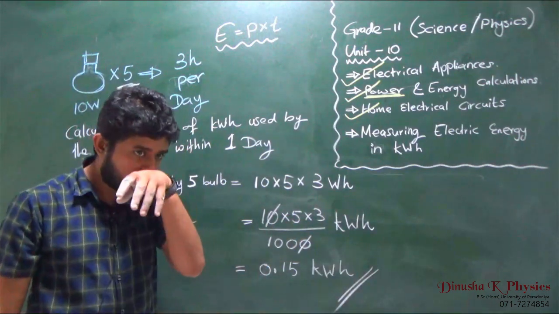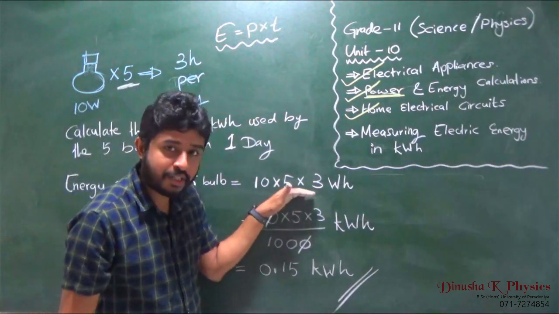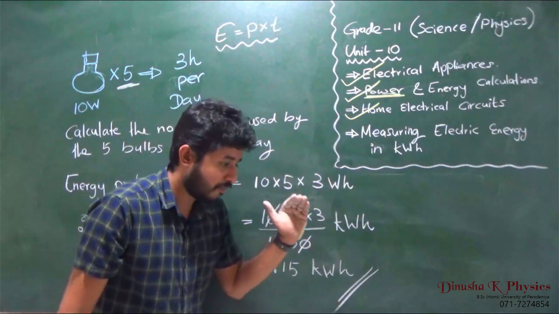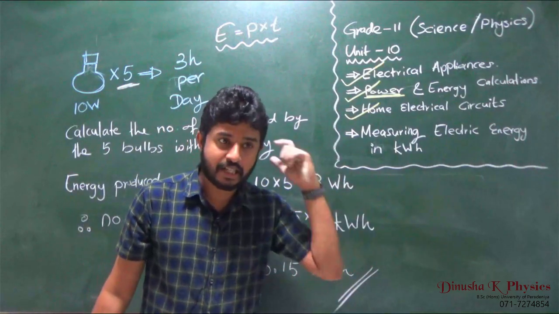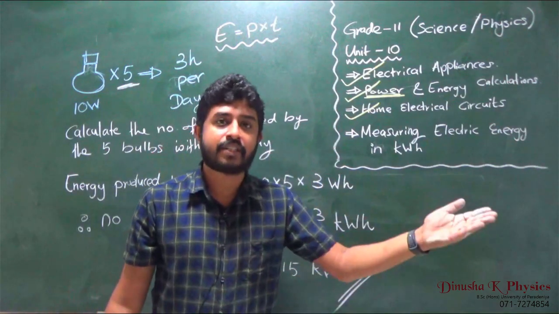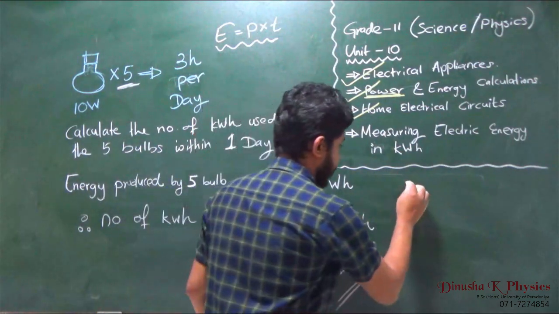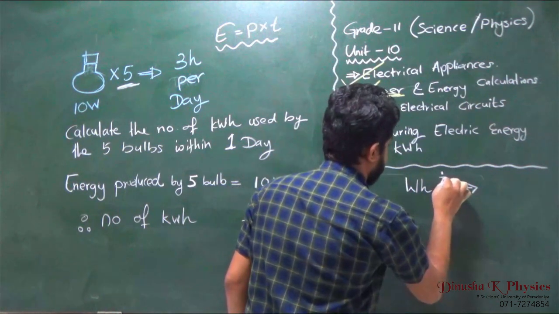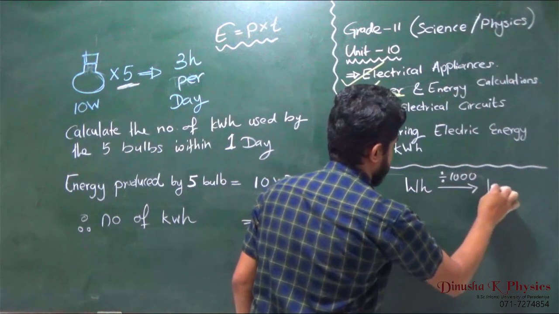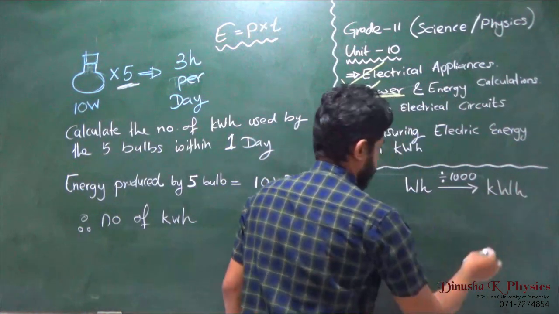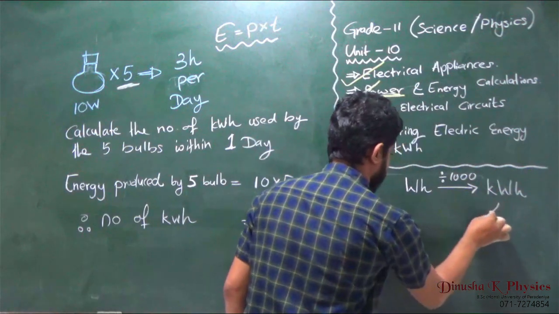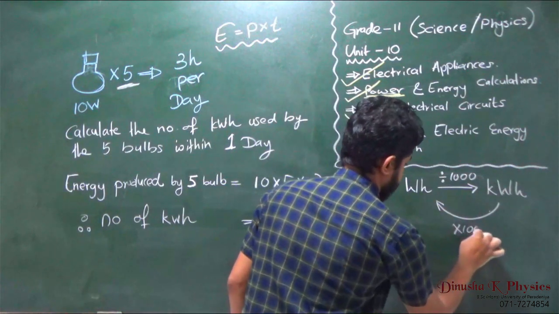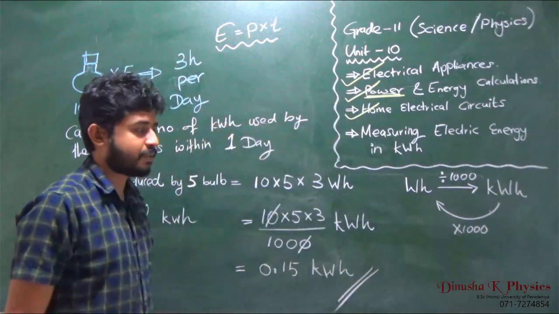So to convert watt hours to kilowatt hours, we divide by 1000, and to convert kilowatt hours to watt hours, we multiply by 1000. I'll write this relationship: watt hours must be divided by 1000 to convert to kilowatt hours, and you have to multiply by 1000 to convert kilowatt hours to watt hours.